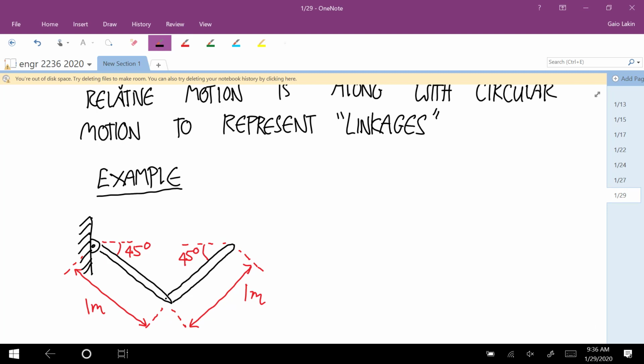And let's say this first one is moving with a constant angular velocity that way of 10 radians per second. And the second one has an angular velocity that's constant the other way of 10 radians per second.